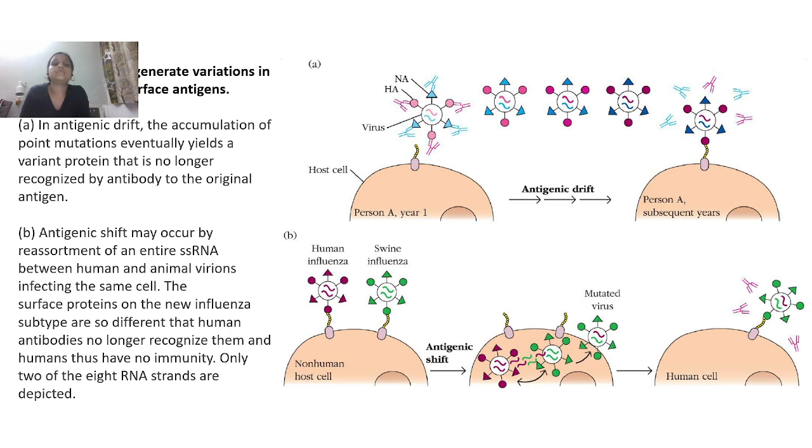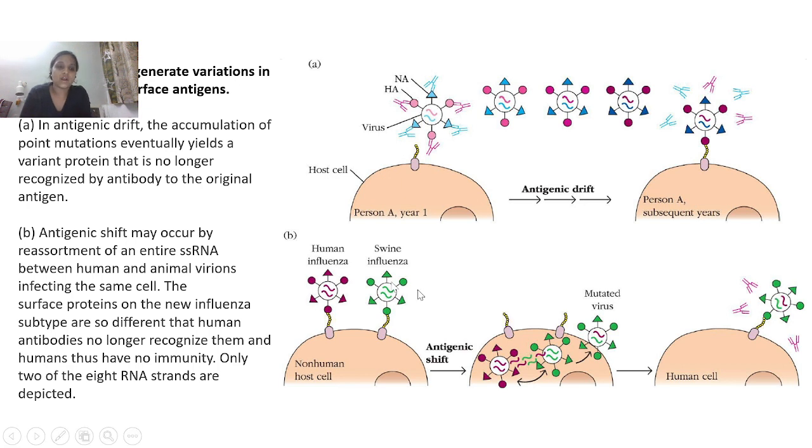So, in antigenic drift, the accumulation of point mutation yields a variant protein that is no longer recognized by our antibody to the original antigen. So if in the previous years you were not infected by the same virus, that particular virus can change itself and can infect you in the subsequent years. But this is a slow process and it can take years.